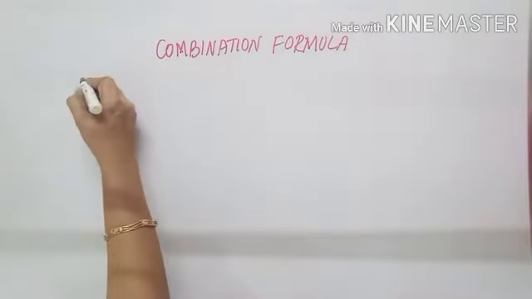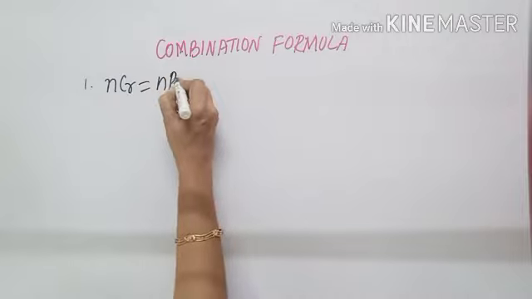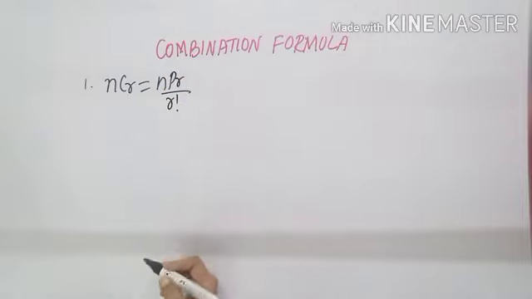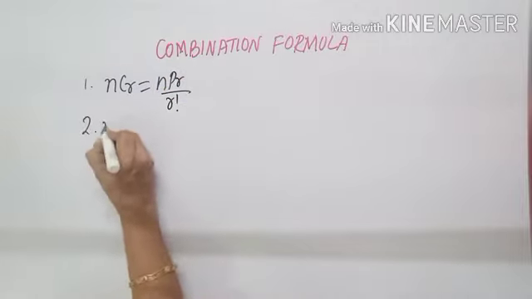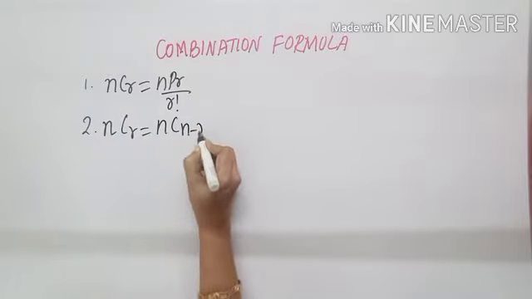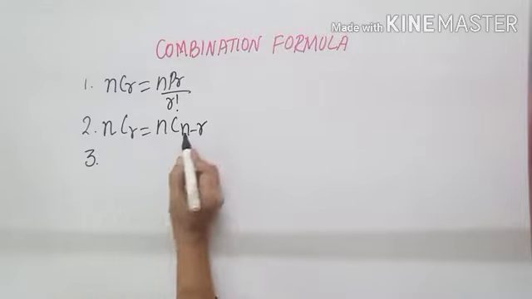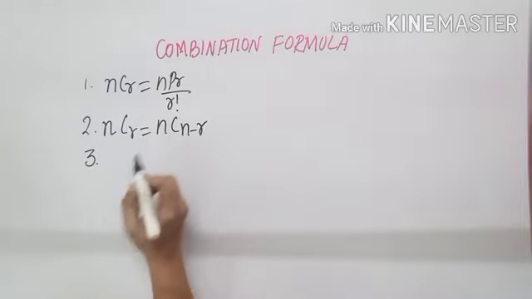Combination formula, the very first one: nCr is nPr by r factorial. nCr equals nC(n minus r). This tells me adding these two, I get n.